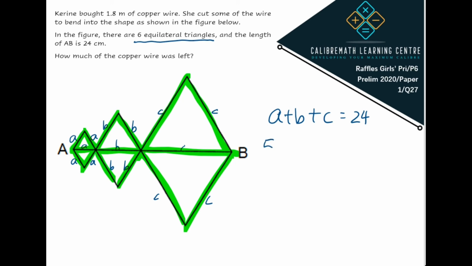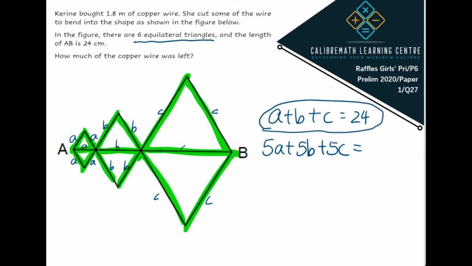So to find 5A, 5B, and 5C, first you need to understand the grouping concept. We know that one group of A, B, and C makes 24. So in order for us to find 5 groups of A, B, and C, we can use 24 to multiply by 5. And that gives us 120.